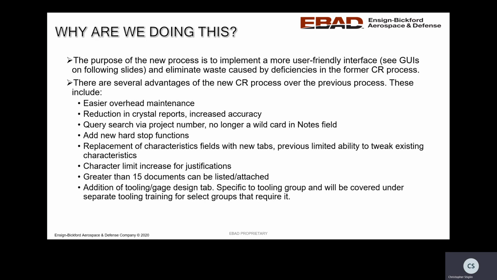These include easier overhead maintenance, reduction in Crystal Reports, query search via project number, adding new hard stop functions, replacement of the characteristics field, character limit increase for justifications, greater than 15 documents can be listed or attached, and the addition of the Tooling Engage Design tab. Specific to the tooling group, this will be covered under a separate training.